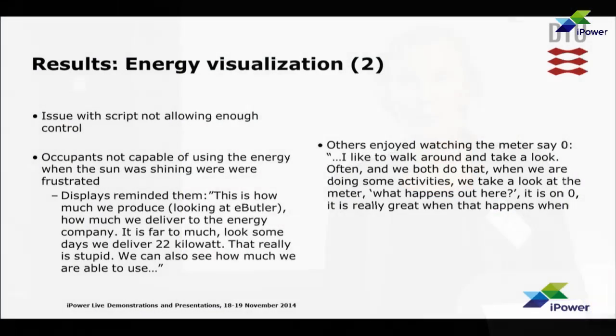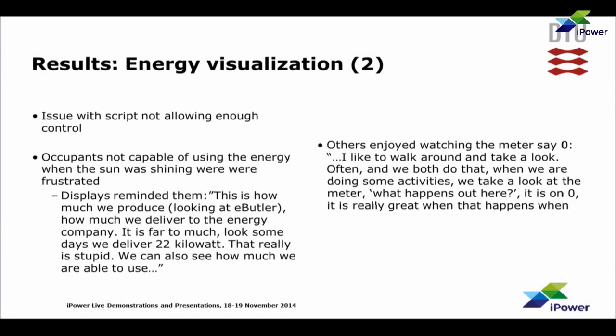There was an issue with the script of the technologies not allowing the consumers to control the consumption of the produced electricity at the level that they wished for. Occupants that did not have time or resources to manage their consumption according to the sun shining, meaning they could not use it when the energy was there, were frustrated when they were confronted with the visualization equipment.